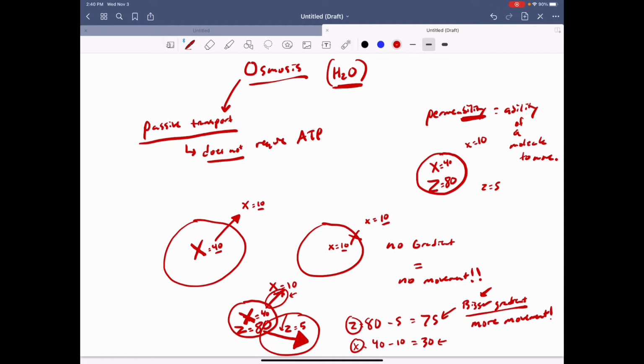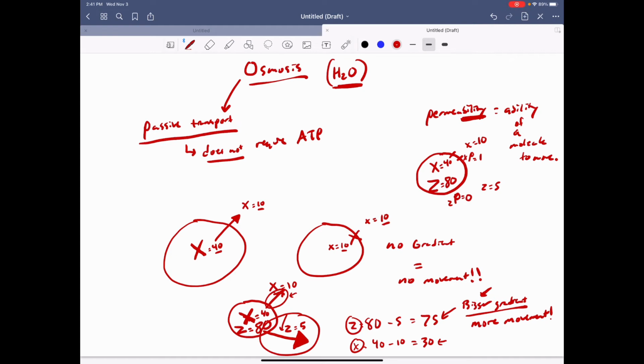Now let's talk about the permeability, okay? Let's do a permeability of 1 for X, and let's say Z has no permeability, okay? 0, I'll make that Z permeability.